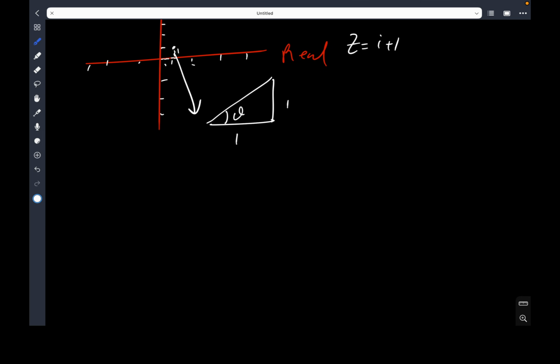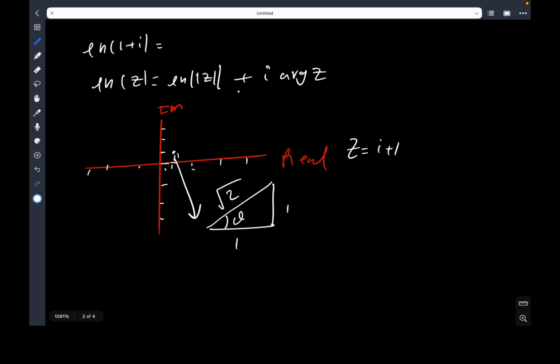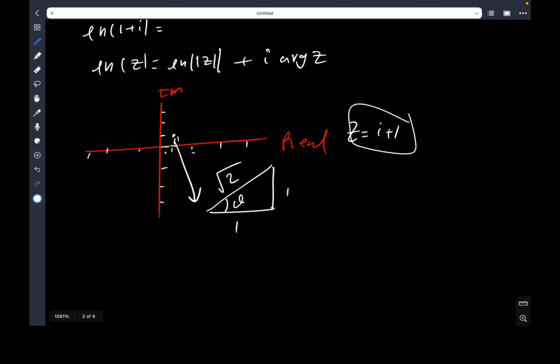According to the Pythagorean theorem, this hypotenuse is the square root of 1 squared plus 1 squared, which is root 2. The magnitude of this complex number is root 2.